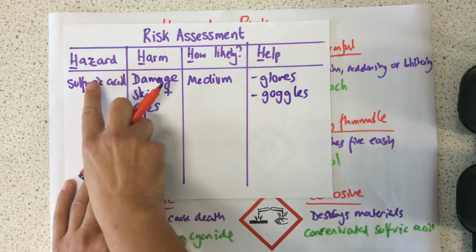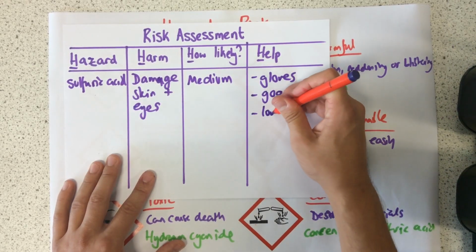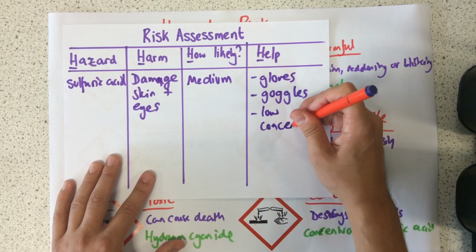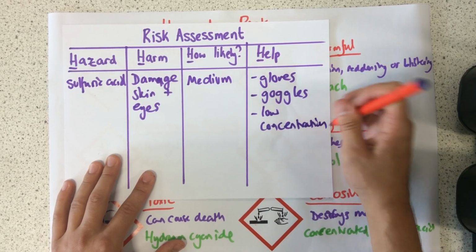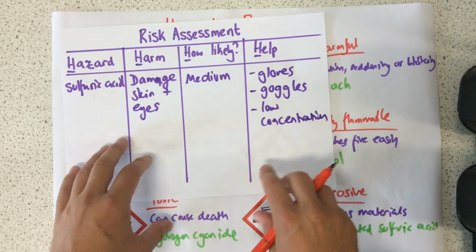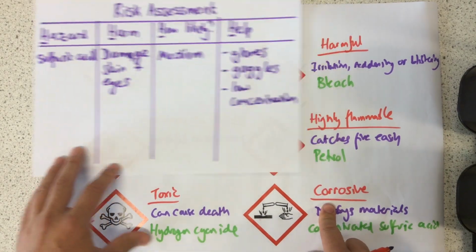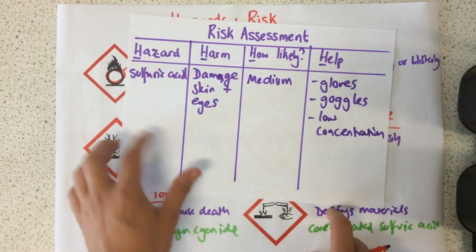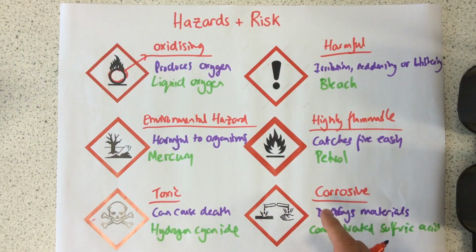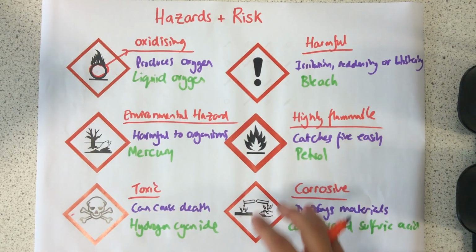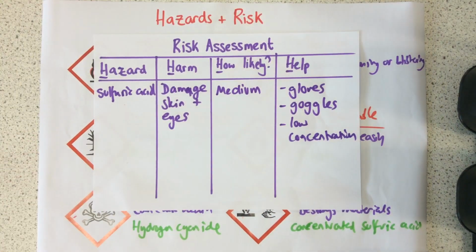And also, I'm going to try and use as low a concentration as possible, because obviously the lower the concentration, the less corrosive this substance is going to be. So these are the different hazards that we need to know, and this is how to complete a risk assessment. Thank you very much.